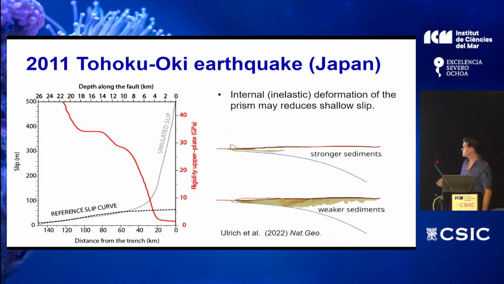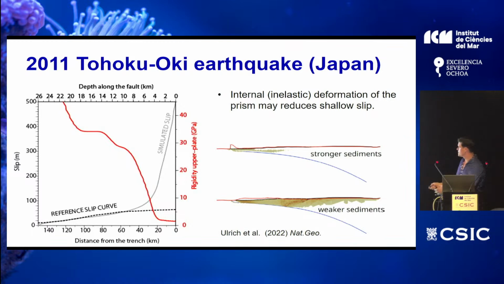Now we know that during the earthquake there is off-fault deformation, and this off-fault deformation, this plasticity, depends on the plasticity of the upper plate, and this plasticity is a function of the rigidity. What you see over here is an example of a simulation that considers a strong material with very low plasticity, so almost no off-fault deformation.